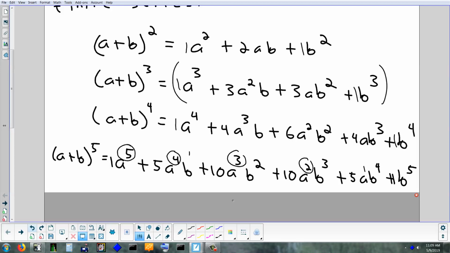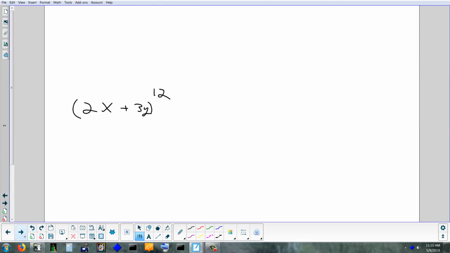Did anybody notice anything else? A couple important patterns we haven't noticed yet. Yeah? All the 1s are on the outside. Okay, you have 1s on the outside. 1, 1, 1, 1. Does that remind you of anything? Pascal's triangle.